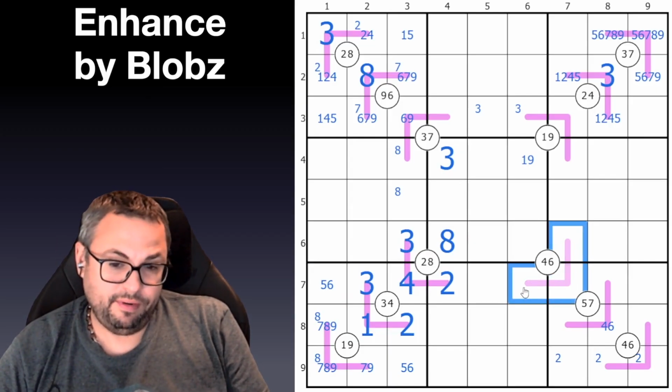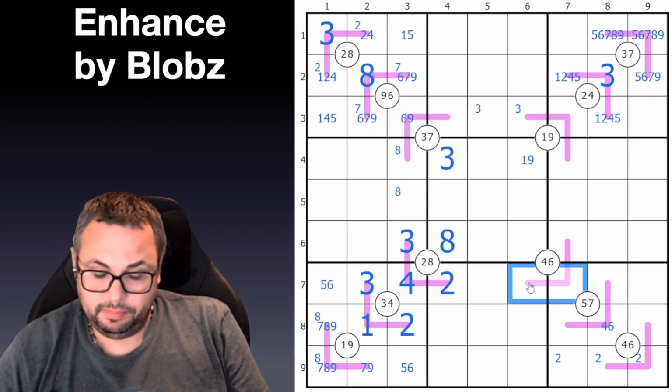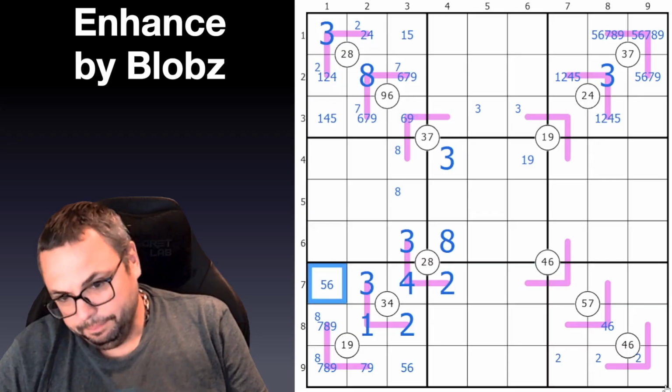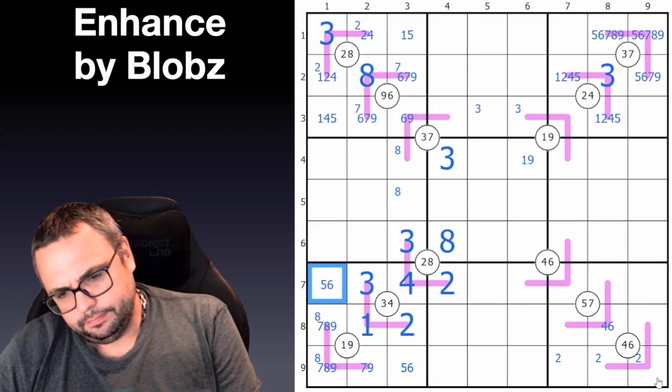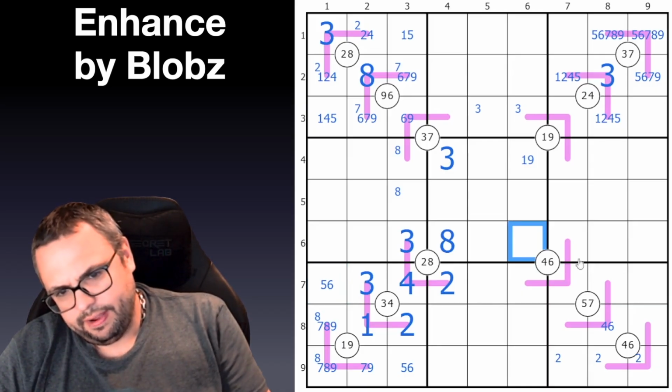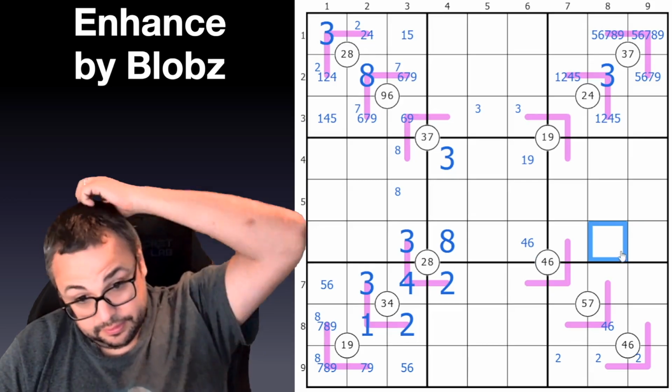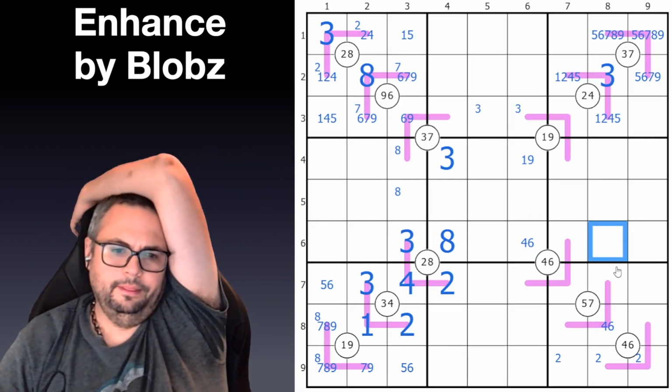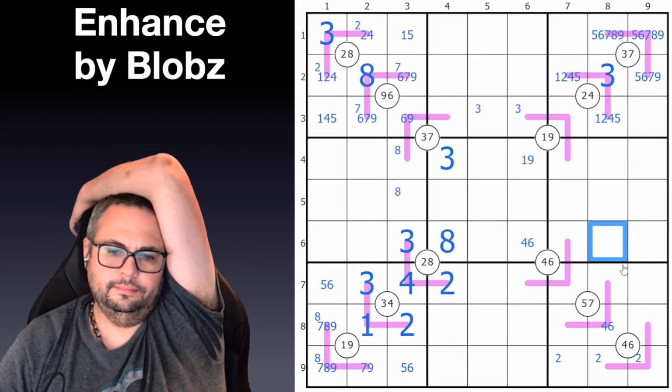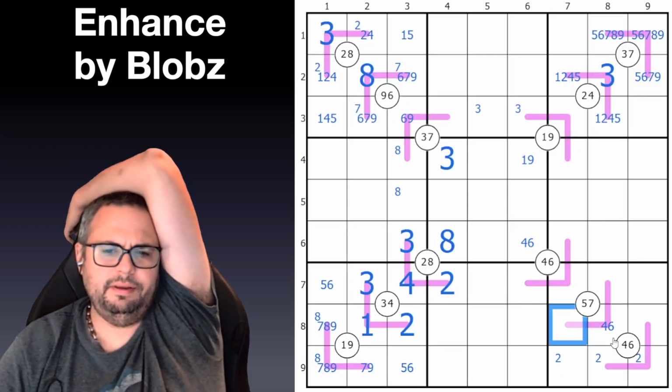This Renban can't be 4, 5, 6, because the 4 would have to go there, and then these would be a 5, 6 pair, which would look at that cell. That doesn't work. So, in fact, this cell is 4 or 6. Weirdly enough. I don't think I can say that this can't be 5, 6, 7, though. At least not without more thought than I'm willing to give it at the moment.